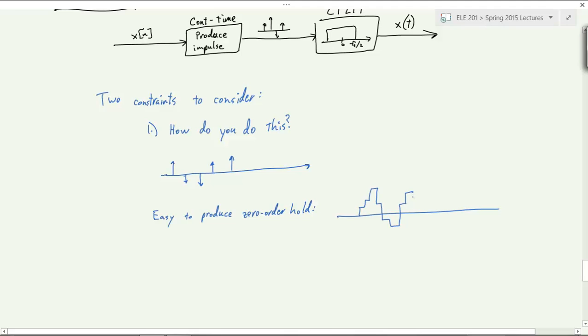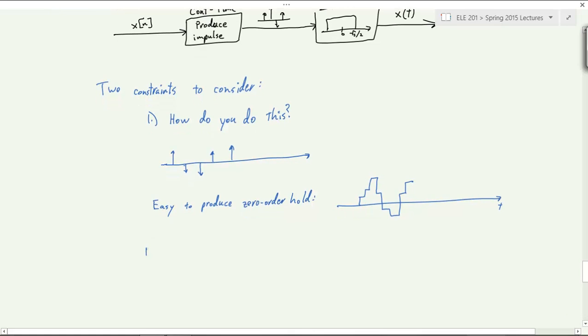We've seen what it is before, so I'm not doing this very carefully. This just holds the value. Rather than making an impulse, as we were doing here, it holds the value until the next sample, and then holds that value. This is easy to actually build. So what's neat is we can actually use that in our reproduction without getting the wrong thing in the output.